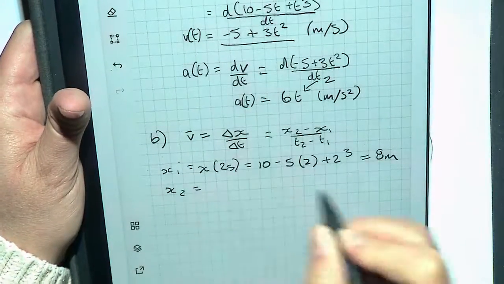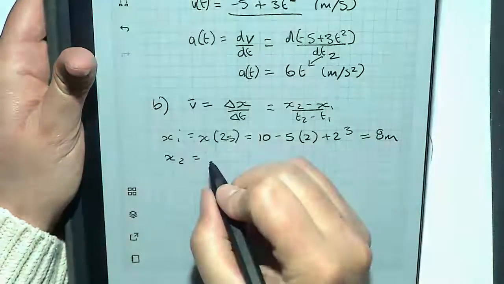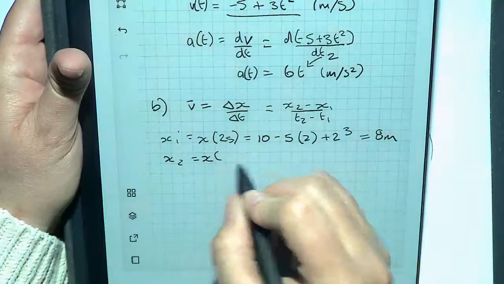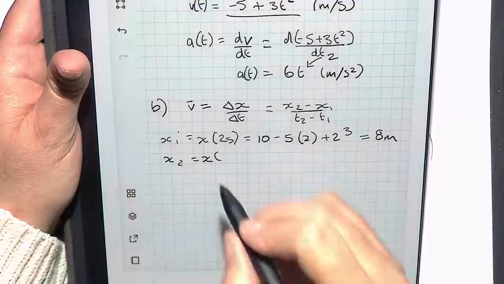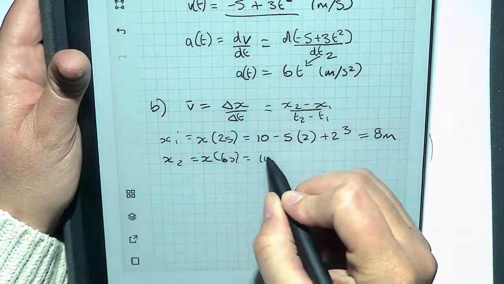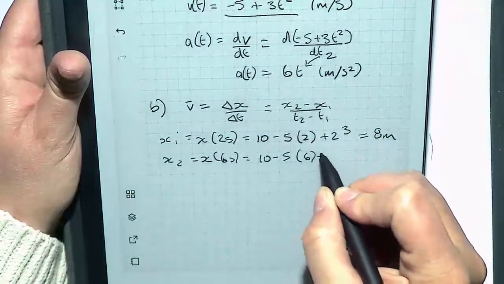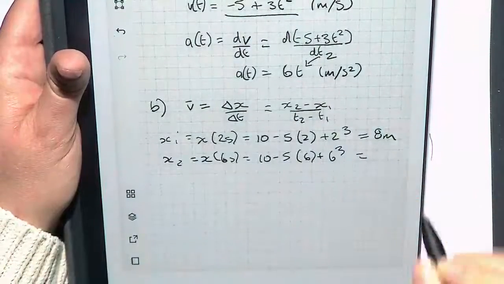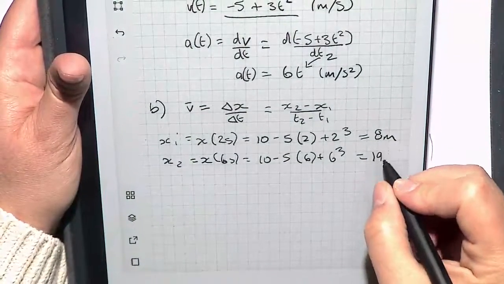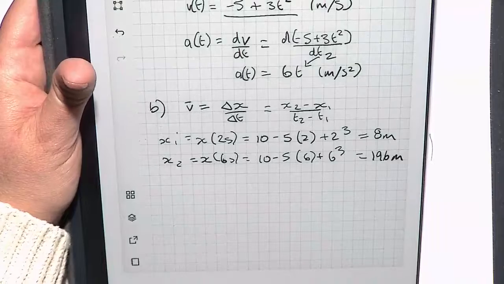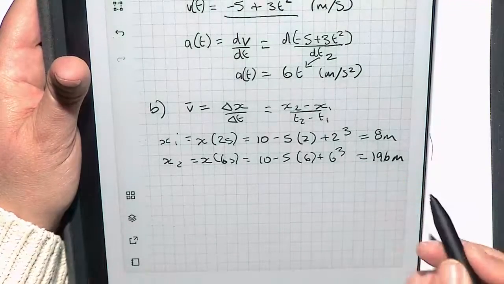Similarly, we can find x2, and so that's going to be at 6 seconds. Reminding myself, 10 minus 5, 6 to the power cubed, and then so we should get quite a large number for that one, 196. And so we can plug those into our expression.